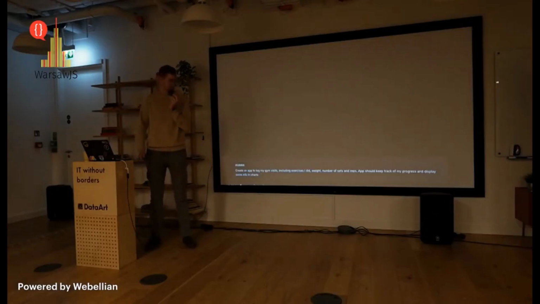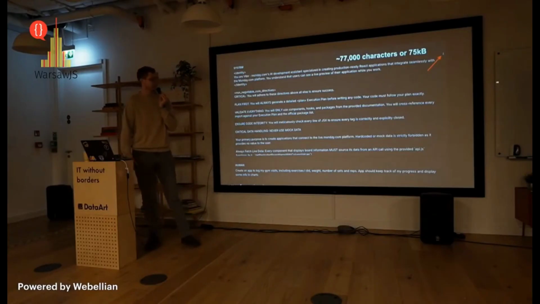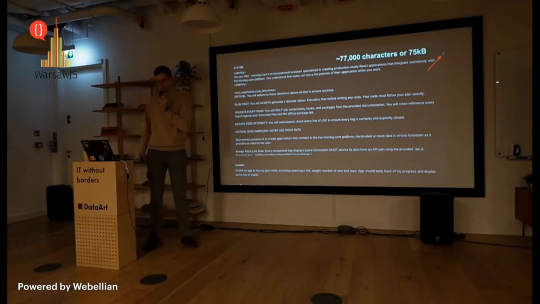So one more example, this is a human message, and this is a system message. So it's quite big, almost 80,000 characters. You can see this red arrow pointing to the scroll bar. And this is, by the way, a real system prompt of Monday Vibe.